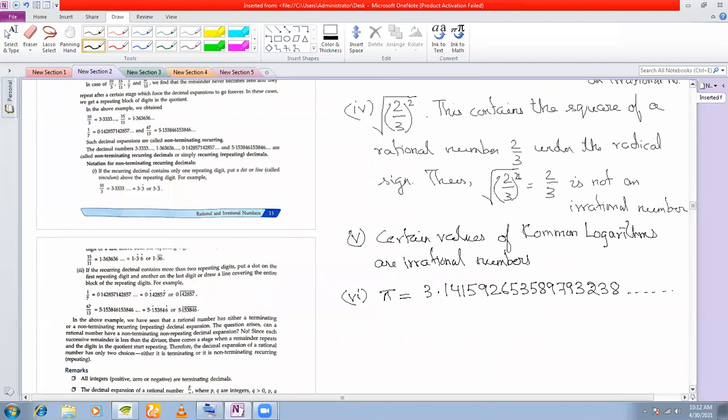If you observe the digits after the decimal point, they neither truncate nor recur. It goes on continuously till infinity. It does not stop at all. So therefore, we call pi an irrational number.